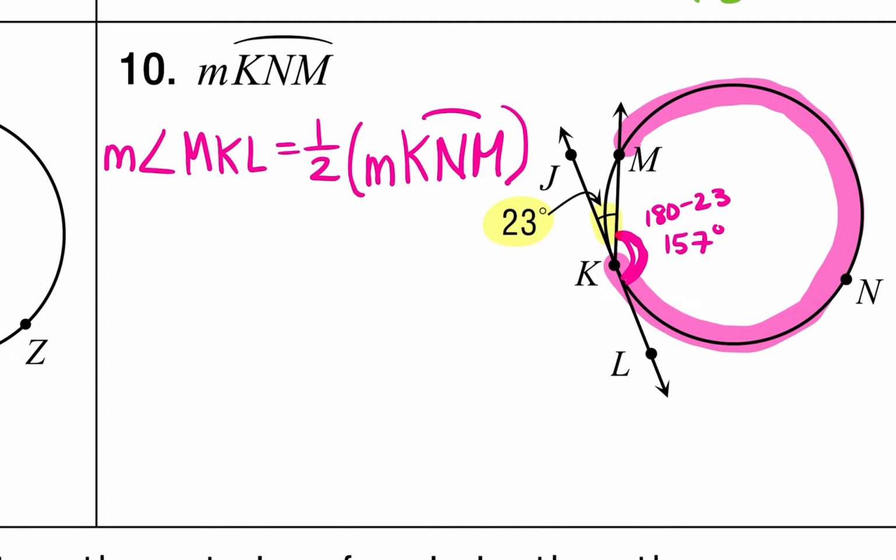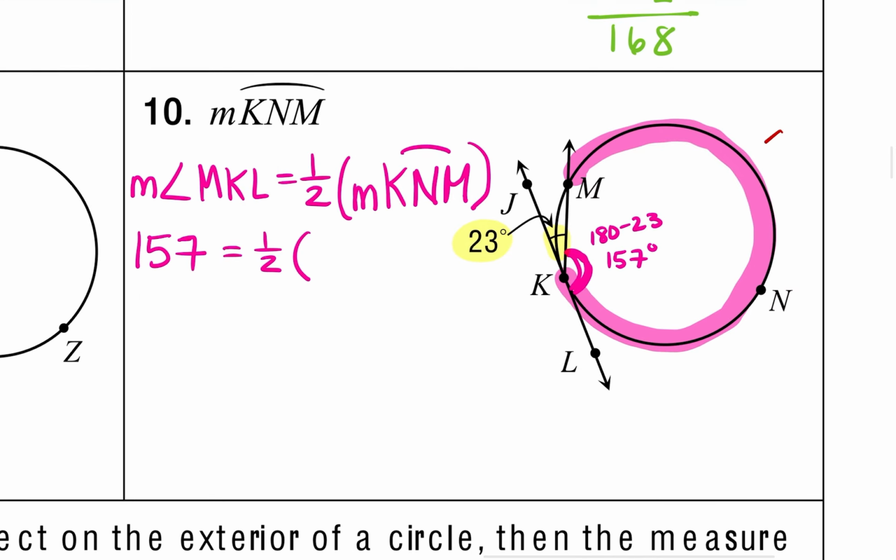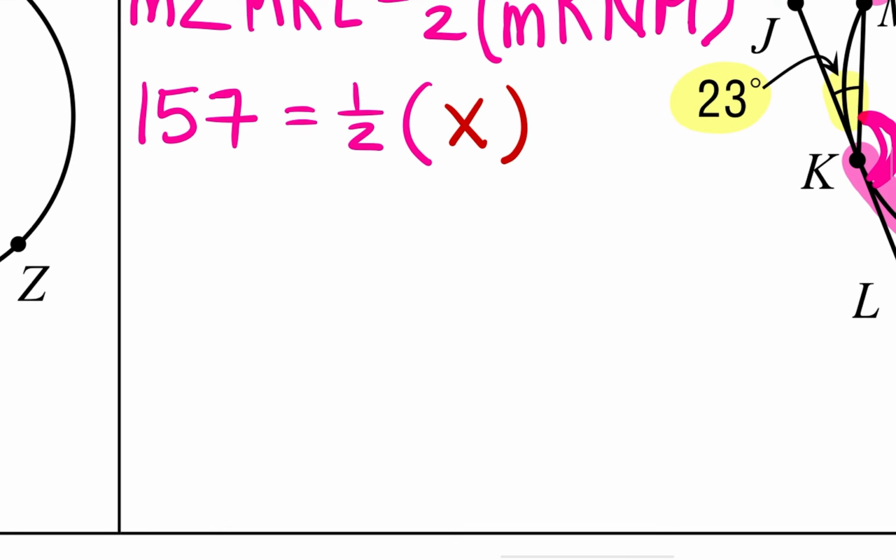So now I can fill that in to the equation that I just wrote. So I'll be writing that 157 degrees is the measurement of MKL, and that's going to equal half of arc K and M. Right now I'm going to call arc K and M X, so half of X.